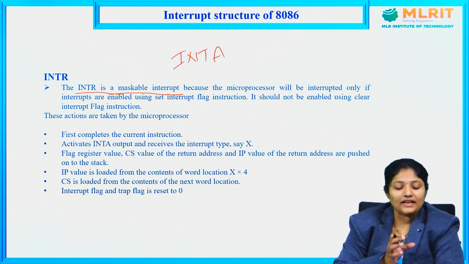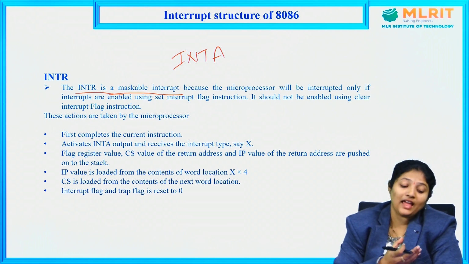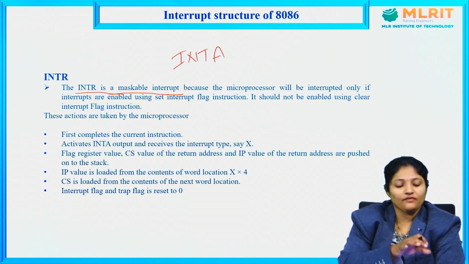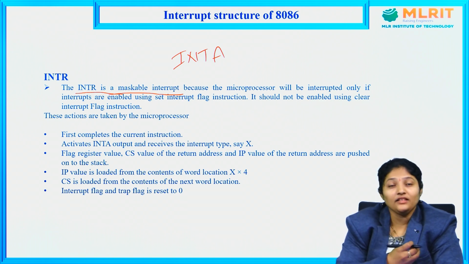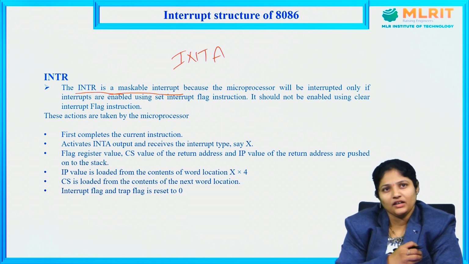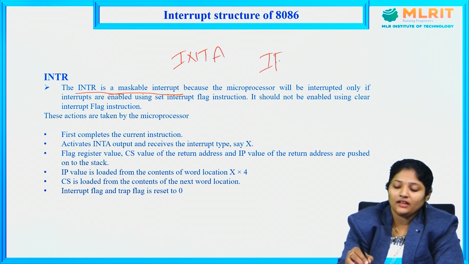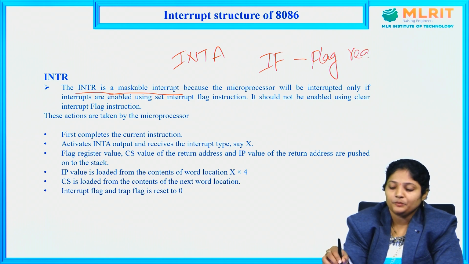Which are the conditions under which the microprocessor will accept an interrupt request or deny it? If the microprocessor has an interrupt request from other peripheral devices, first it will check the IF, interrupt flag, in the flag register of 8086.